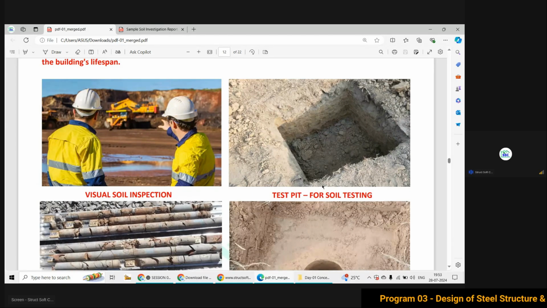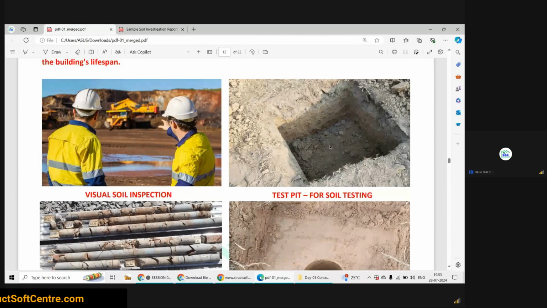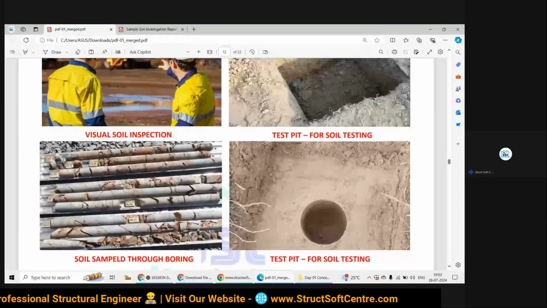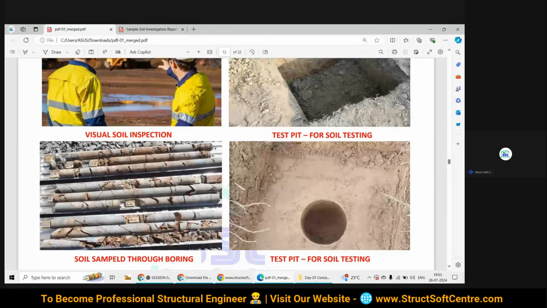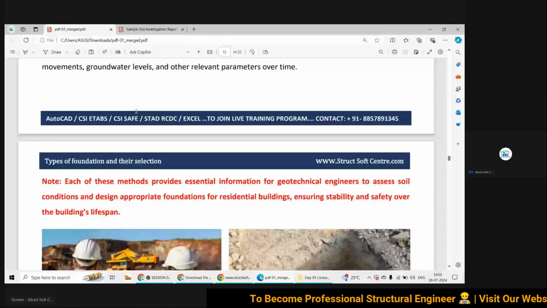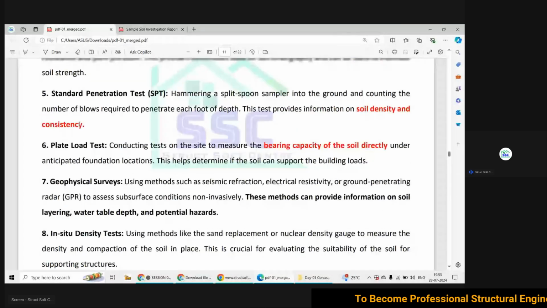So at that depth, if you are assigned to do the investigation, you can perform the test at that depth. That will become your on-site testing. And the best option, which is most commonly adopted, is the plate load test.